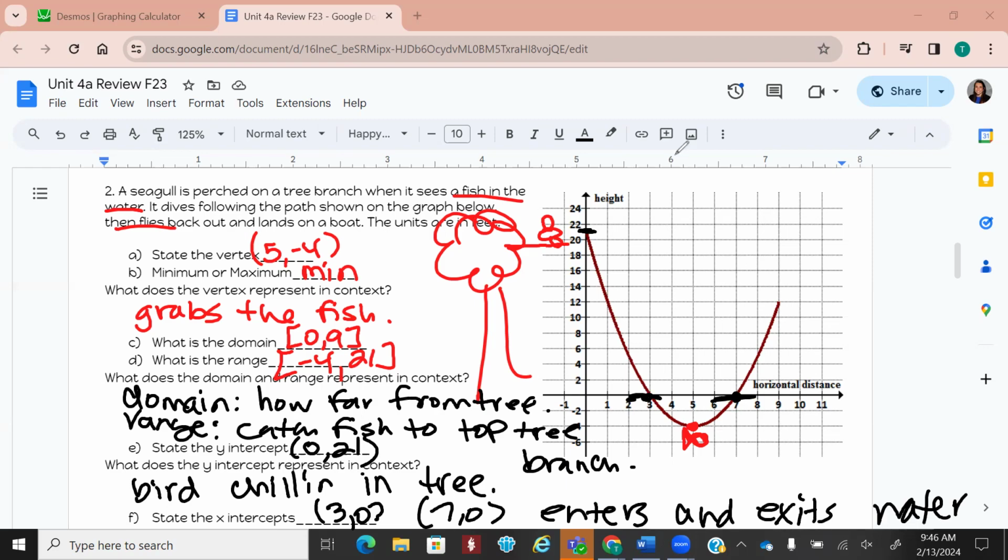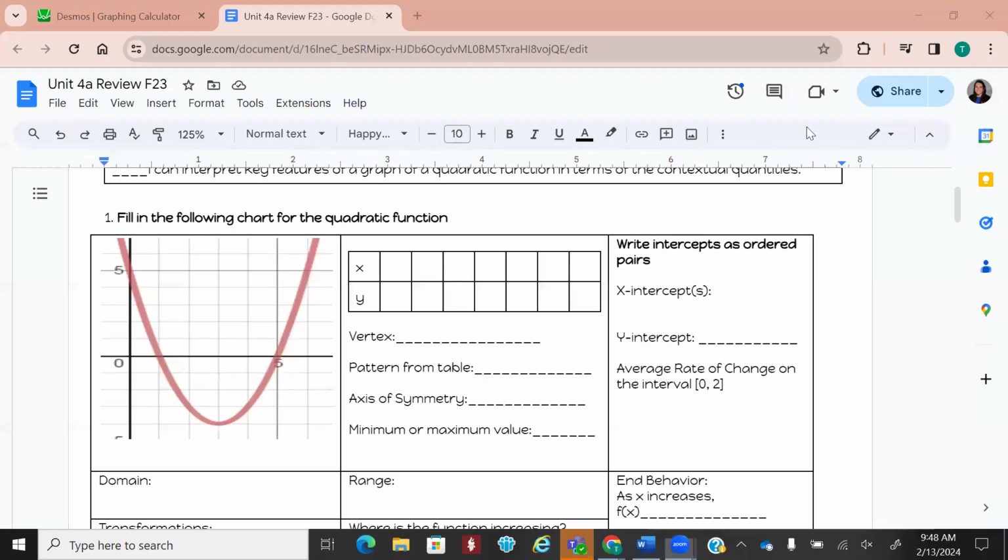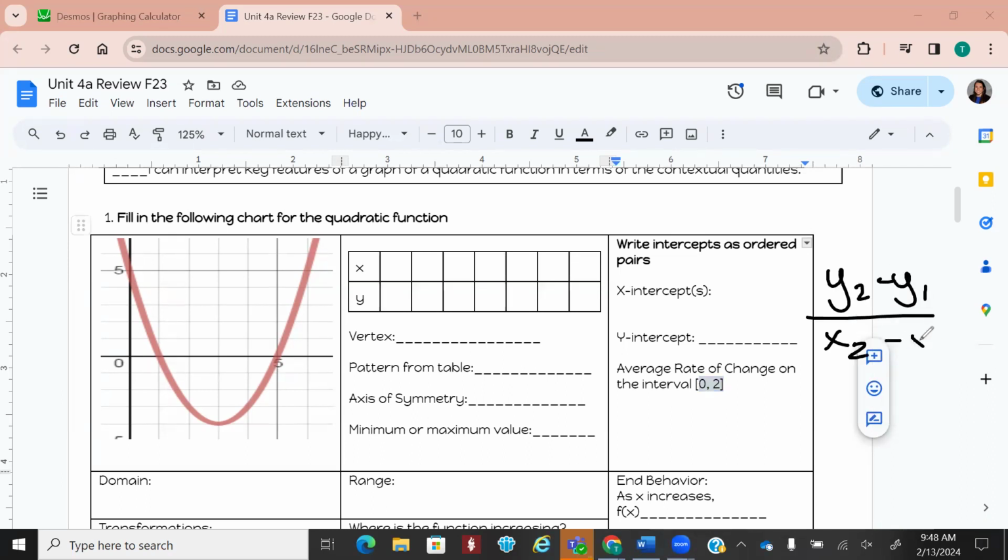Cool. Okay. I think average rate of change is silly to ask, but we get asked this. So from 0 to 2, you can use this fancy formula that you learned back in 6th grade. Whoopee, great, fabulous. Or when you look at the graph, we're going from 0 to 2.